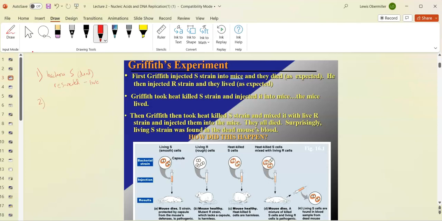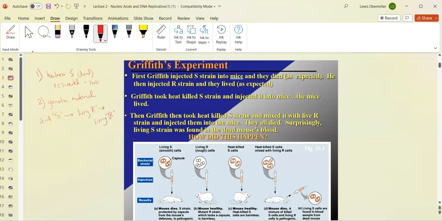And the other possibility is the genetic material that caused cells to be S was transferred, the dead S genetic material was transferred to the living R, and that made them become S.